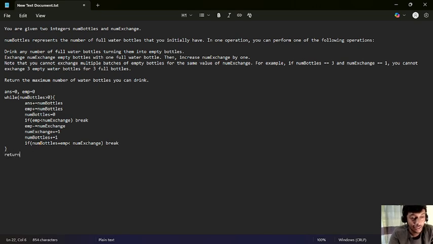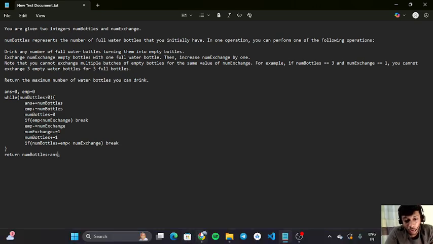Lastly, return num bottles plus answer. What is this num bottles? If at last there are very few bottles remaining which cannot be exchanged, then we can drink them also, right? So num bottles should be added to the bottles we have drunk in the process.